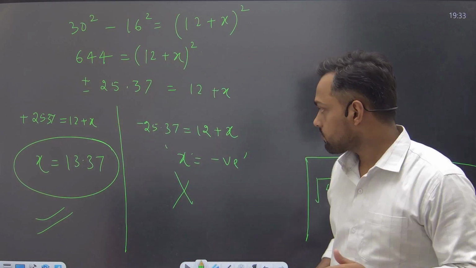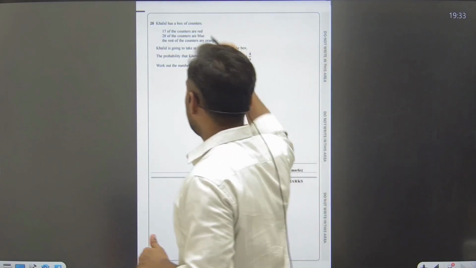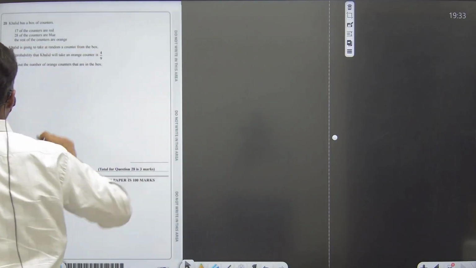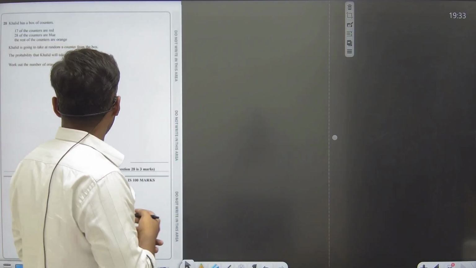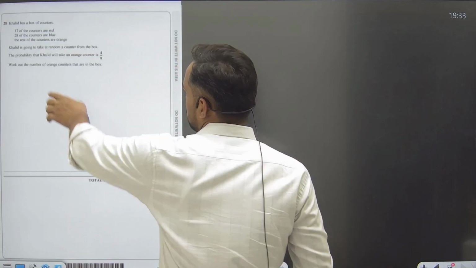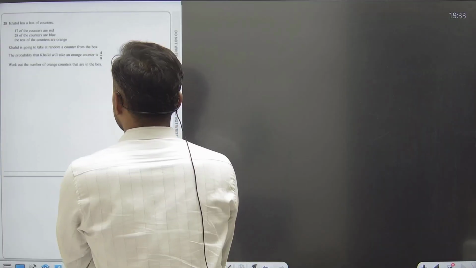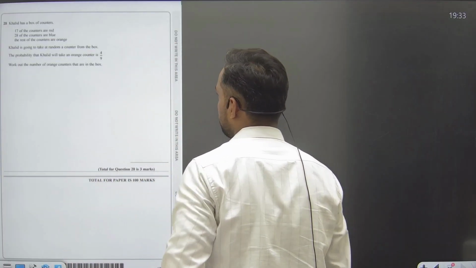Next question, students. Khalid has a box of counters. 17 of the counters are red, 28 of the counters are blue, the rest of the counters are orange. Khalid is going to take at random a counter from the box. The probability that Khalid will take an orange counter is 4 by 9.